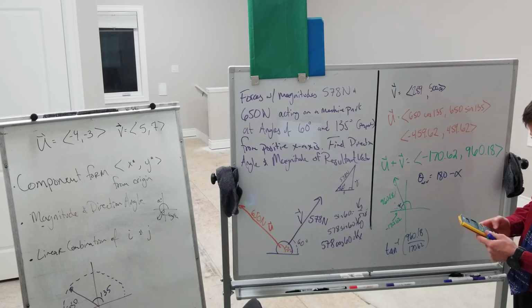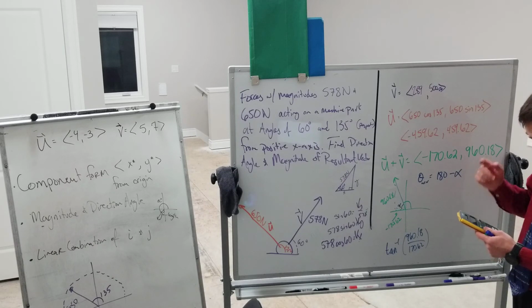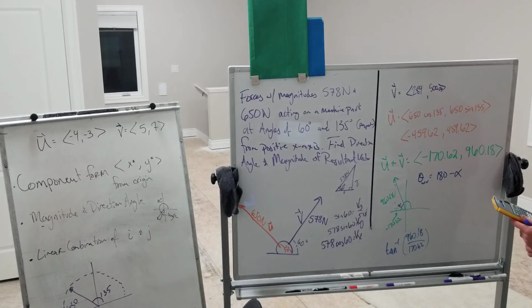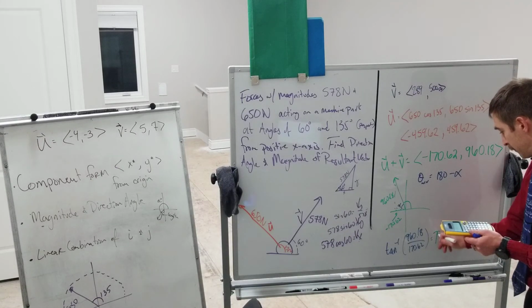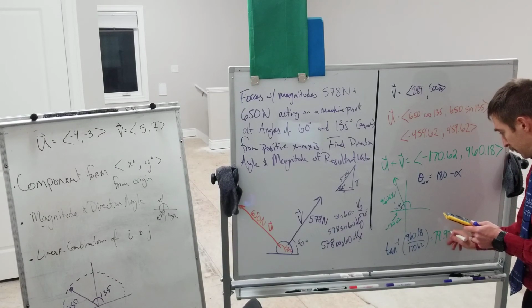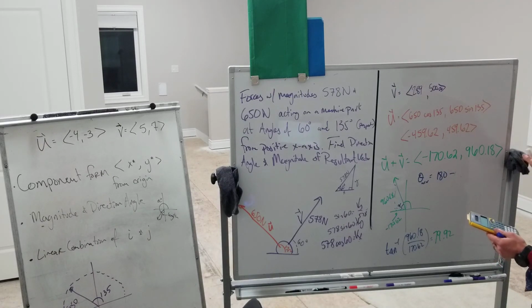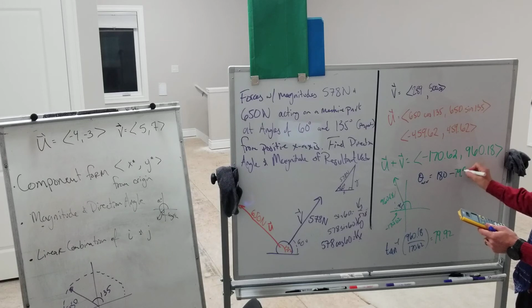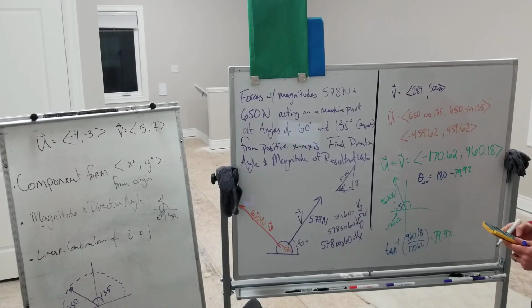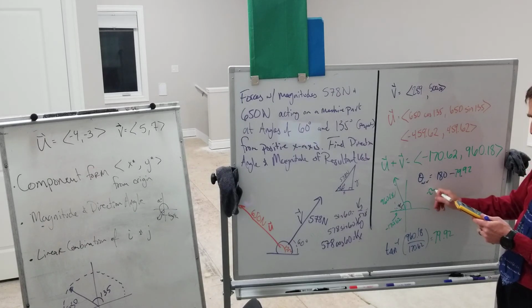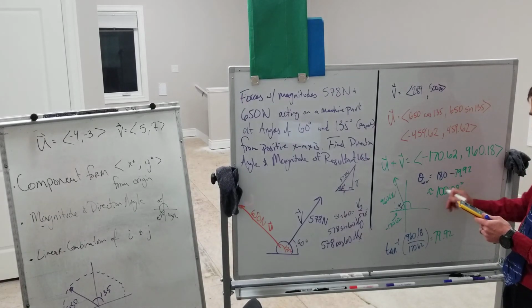There we go. 79.92 degrees. So we're going 180 minus 79.92, which gives us about 100.08 degrees.